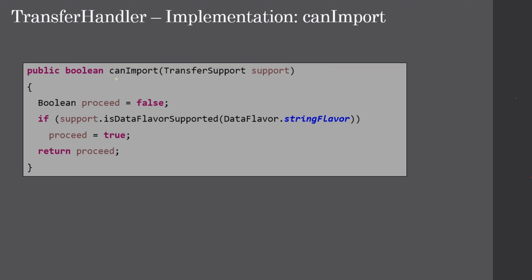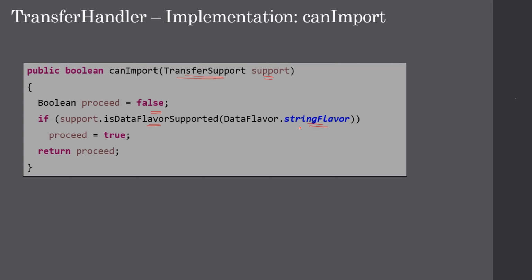If you see here in this canImport, we get a TransferSupport object, and from this support object we check isDataFlavorSupported. This is the method we use, and we check the flavor is a string flavor.